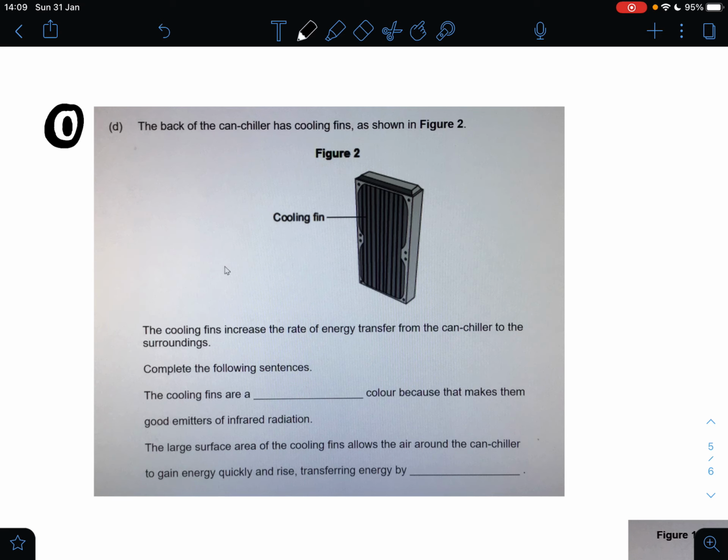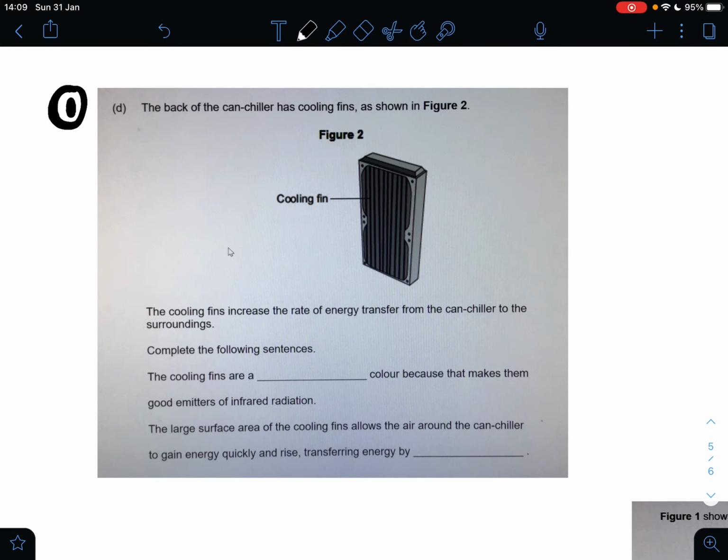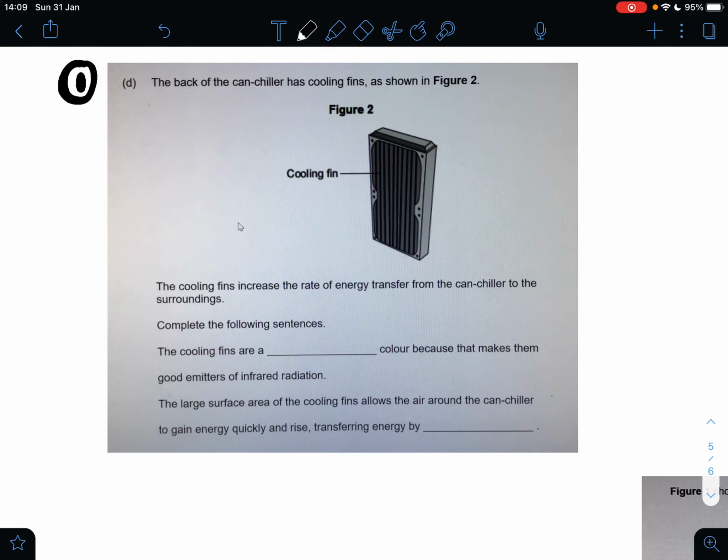Complete the following sentence. So here we've got something about colour. And what we know about colour is that white and silver things reflect light and black and dark things absorb light. And that's another way energy transfers. It's not in this topic, but it has come up here.